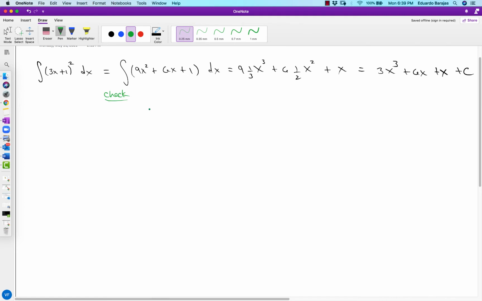Well, actually, let me combine the first statement and the last statement so we can box it up. So we get the integral of (3x plus 1) squared dx is equal to 3x cubed plus 6x plus x.